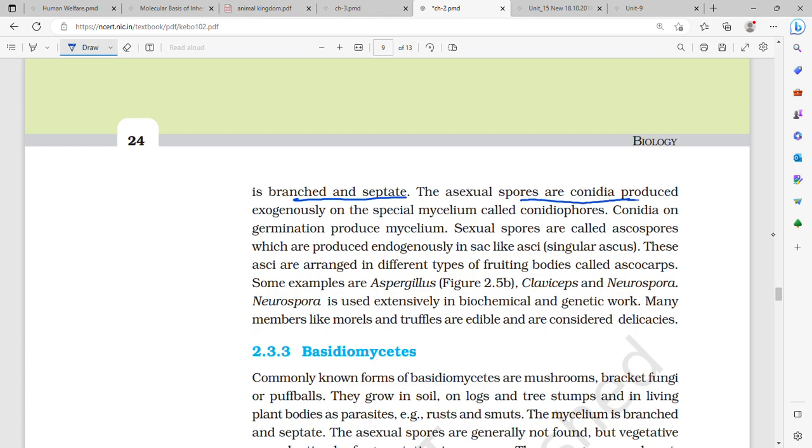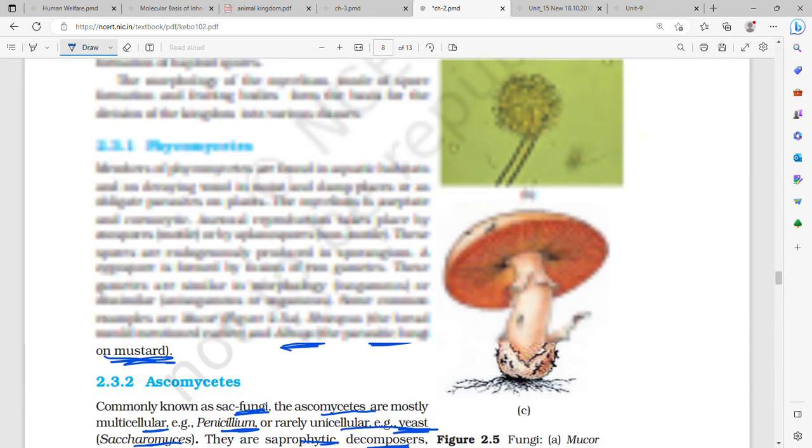Asexual spores are conidia, which are produced exogenously on special mycelium called conidiophores. In Phycomycetes there were motile zoospores and non-motile aplanospores, which were produced endogenously in a sporangium.